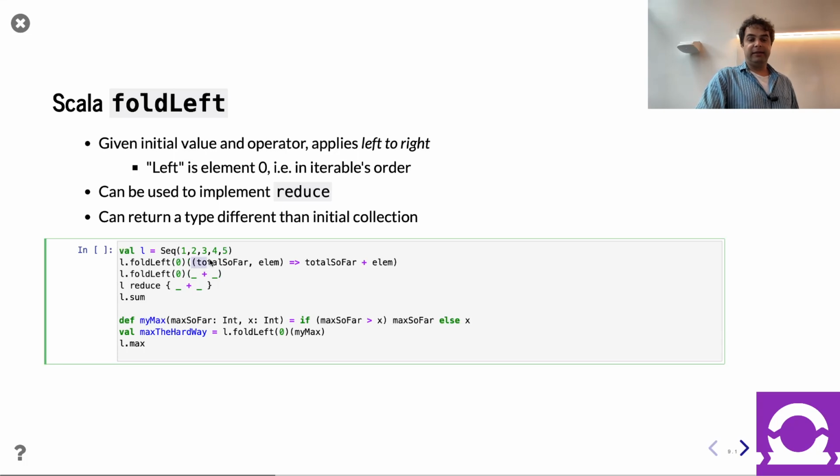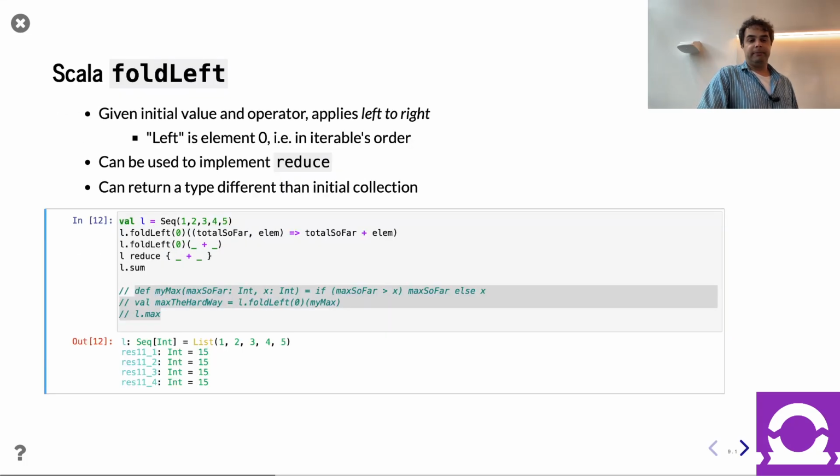And then this second argument we're giving here in a different set of parentheses is the function literal. As I said, because this function takes in two arguments, right? It takes in the accumulation so far and then the element from the collection. In this case, we're just adding them up. So we're doing fold left to do a sum in this case, which is not a super exciting application. We'll do more exciting ones in a minute, but it just shows the semantics there.